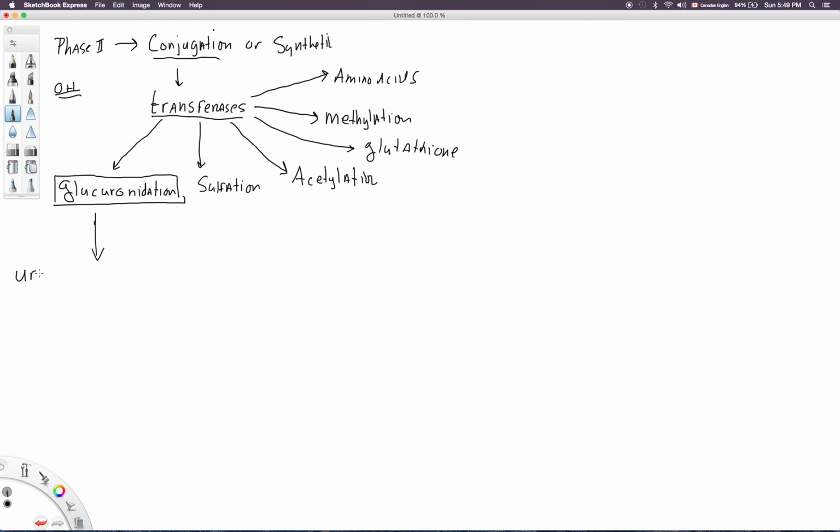Uridine diphospho alpha D glucuronic acid glucuronosyltransferase.